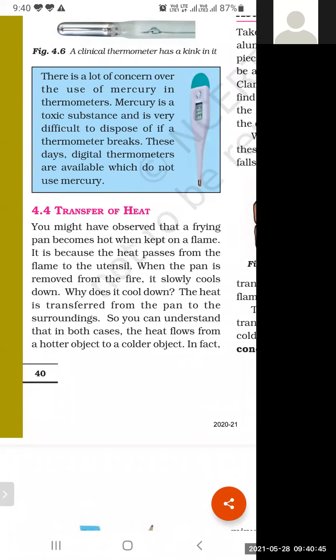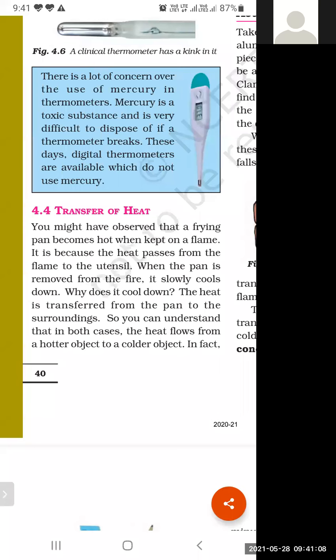So you can understand that in both cases, the heat flows from hotter object to colder object. So students, underline this: hotter object to colder object. The object which is hotter always has high temperature. The object which is colder has comparatively low temperature.